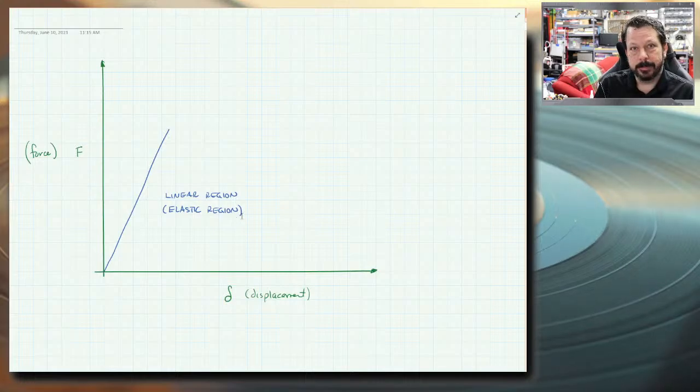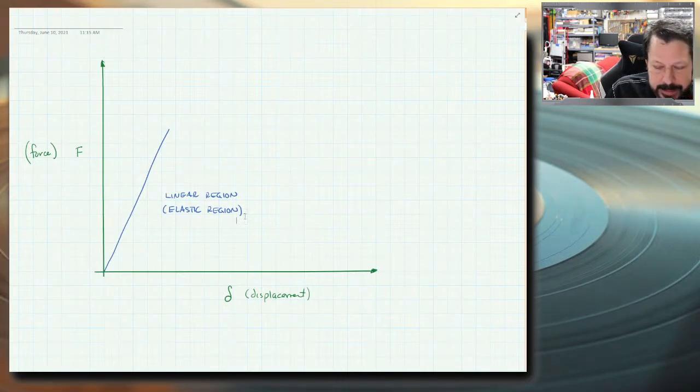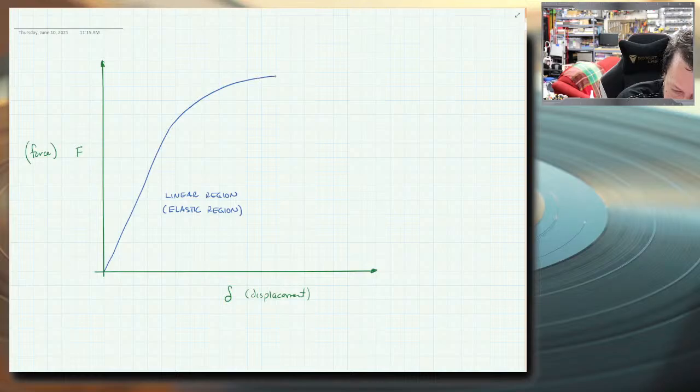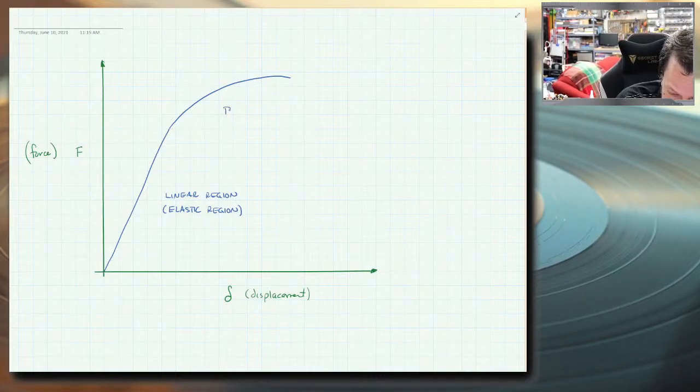So they're not really moving any molecules around in the crystalline structure of the sample, but the atomic bonds are starting to stretch out. And so that's more or less a linear process. And then at some point, it becomes nonlinear, and it looks sort of like this. And this is called the plastic region. If the other one was elastic, this is plastic region. Obviously, it's nonlinear.